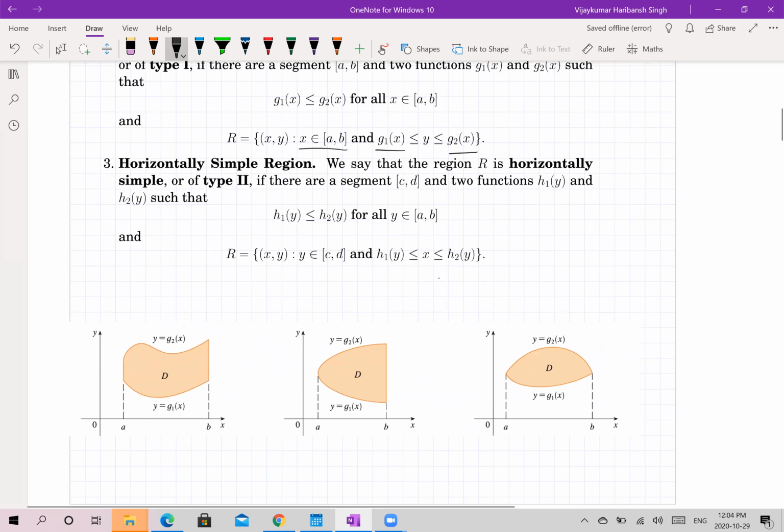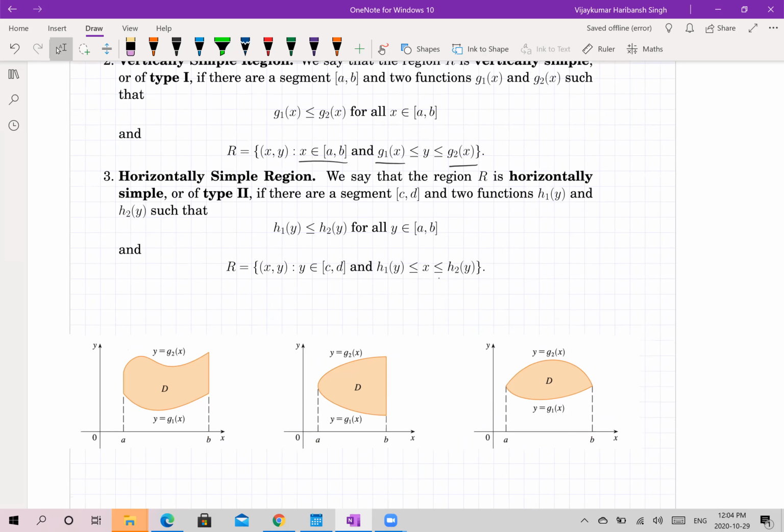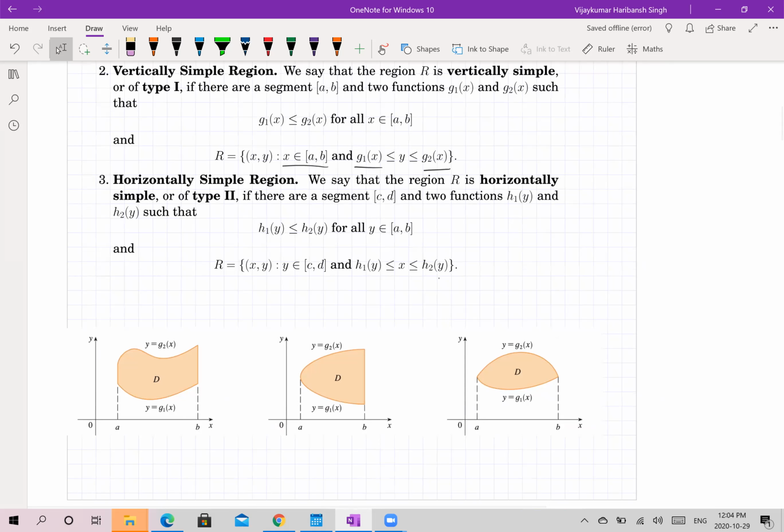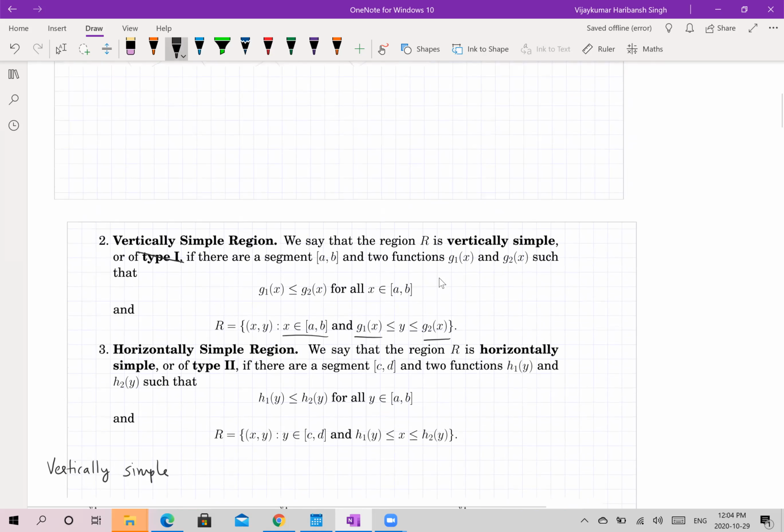Let's look at an example. Consider this region D. We're not talking about a domain because there's no function defined yet. This region D is vertically simple. Instead of calling it vertically simple or type 1, we will call it y first.